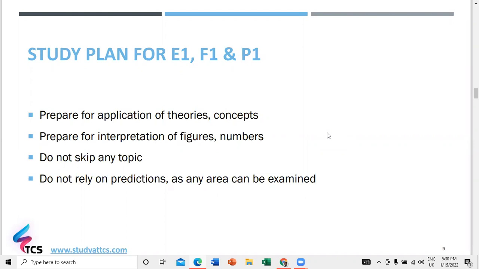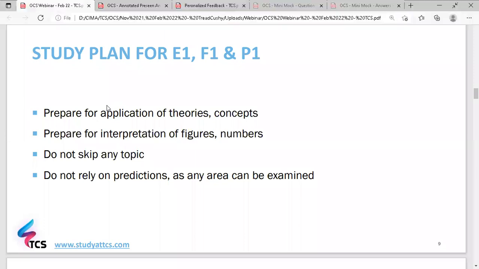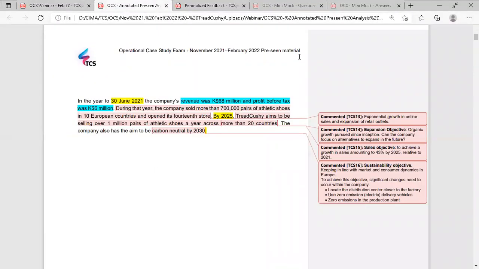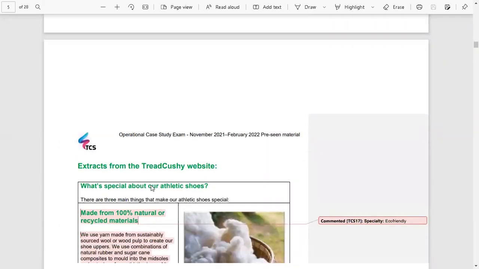By simply going through the industry dynamics stipulated in the pre-seen, you'd be in a position to figure out what you need to cover under industry analysis. Let me take you through the annotated pre-seen, which would help you figure out what I'm talking about.